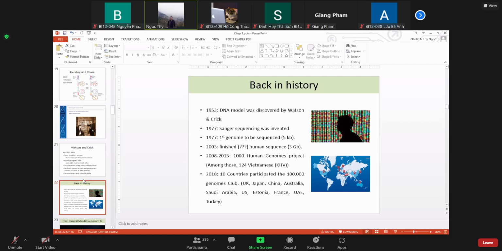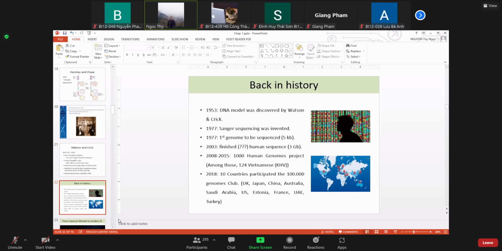Nowadays, the biotechnology industry in Vietnam is not very developed, but some companies have started services. If you provide them money and your DNA sample, they will sequence it and provide you all the related information.